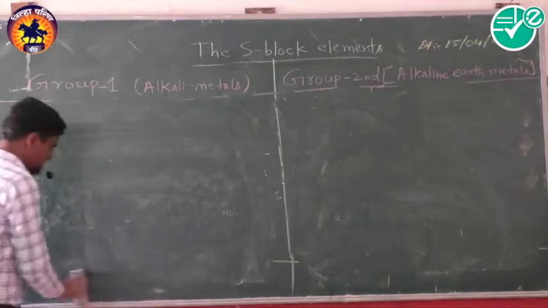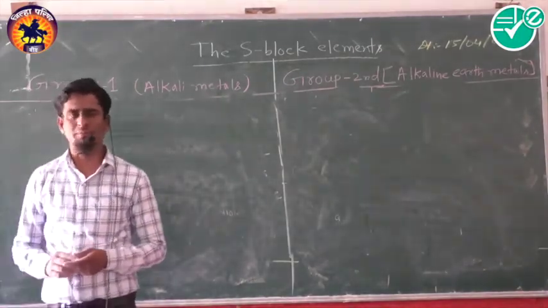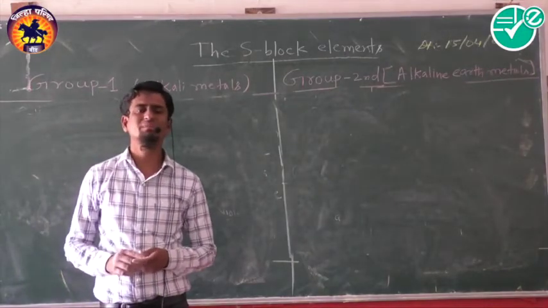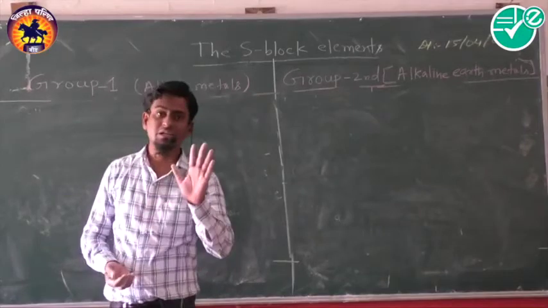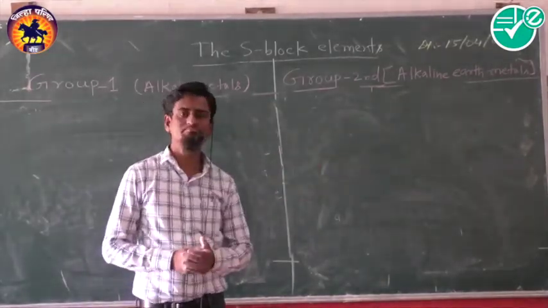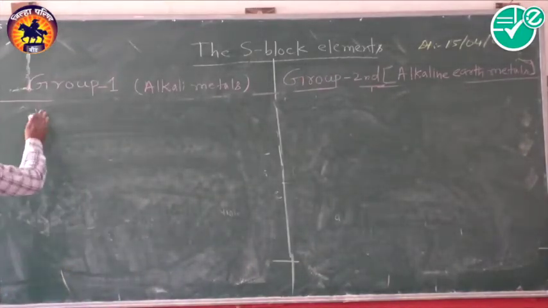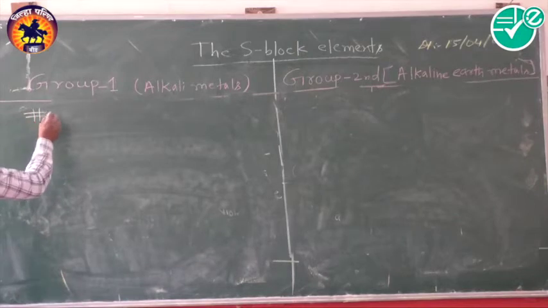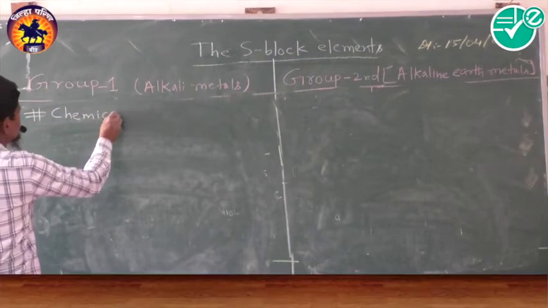After studying these physical properties, we will move towards chemical properties. What chemical reactions do alkali metals and alkaline earth metals undergo? Now write down the next thing: chemical properties, we will see for both of them.